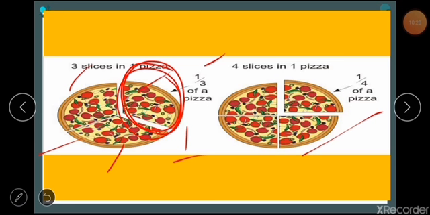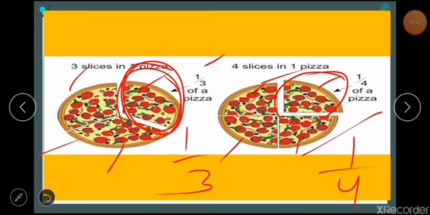So I will represent it as 1 by 3. And if I am talking about the second picture, here you can see I am dividing the pizza into 4 equal parts, and I am taking 1 slice, so 1 in the numerator, and total slices 1, 2, 3, 4 I will represent in the denominator. So in this form you can represent the fraction.